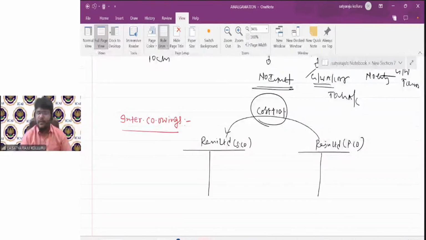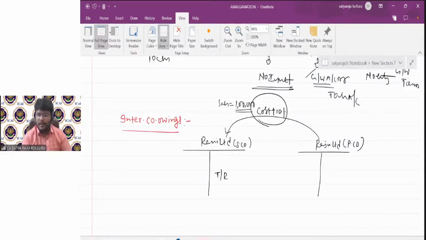Let us assume in the current year, the total sales happened at 1 lakh. Now, Rani Limited needs to pay 1 lakh to Razu Limited, which is a credit sale. Now, in Rani Limited's balance sheet, Razu Limited will be treated as a debtor, na?